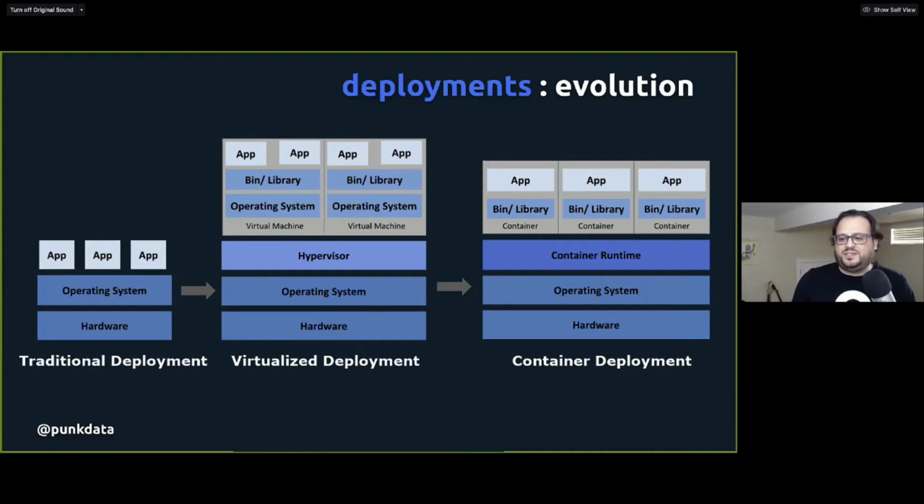The problem is, we got faster as a technology or as an industry. And fast forward to today where we're doing container deployments. Now, if you look in that diagram, what has changed is the hypervisor has been replaced with the container runtime, which again is another software layer, right, that communicates with your application and then the underlying hardware system. And it actually manages those resources just as good, if not better than, the hypervisor.